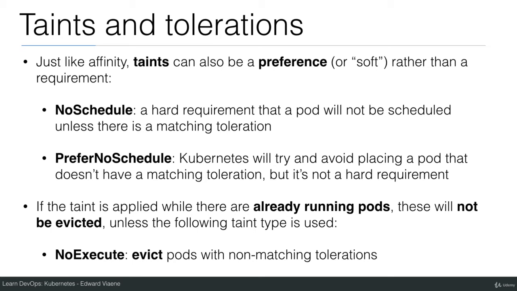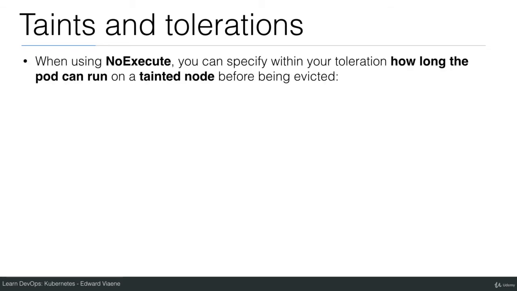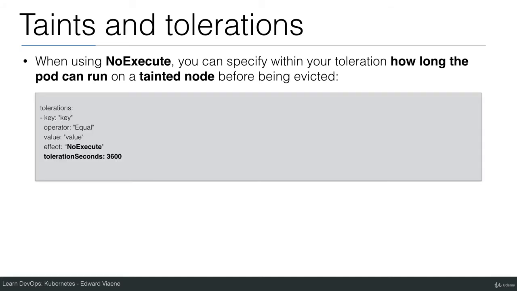If you use NoExecute, then pods that are already running will be evicted. When using NoExecute, you can specify within your toleration how long the pod can run on a tainted node before being evicted. Let's say you have a pod with the following toleration. It's the same as the previous toleration, but here the effect is NoExecute and the tolerationSeconds is 3600.